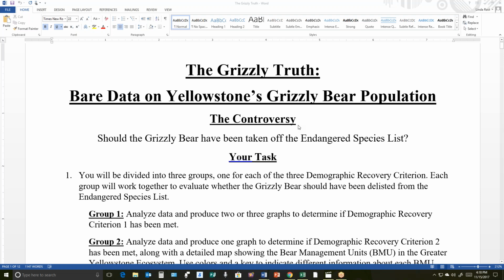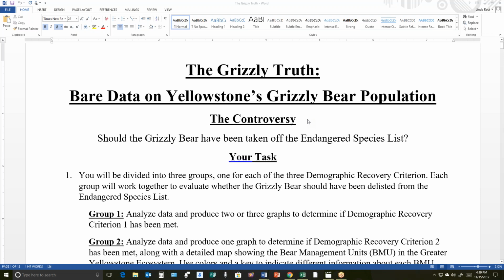Okay, so this is the unit that I developed, and I got the information and the idea from the Learning Hub from, I think it's beartrust.org, and I'll tell you a little bit about how this is different from that in a minute. But the big idea was the controversy surrounding the grizzly bears, and that they've recently this summer been taken off the endangered species list. And that decision was based on 3 different, what they call demographic recovery criterion.